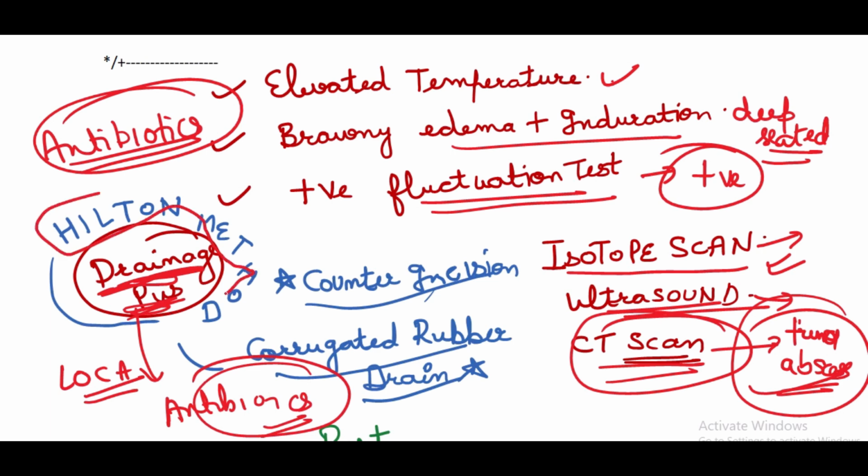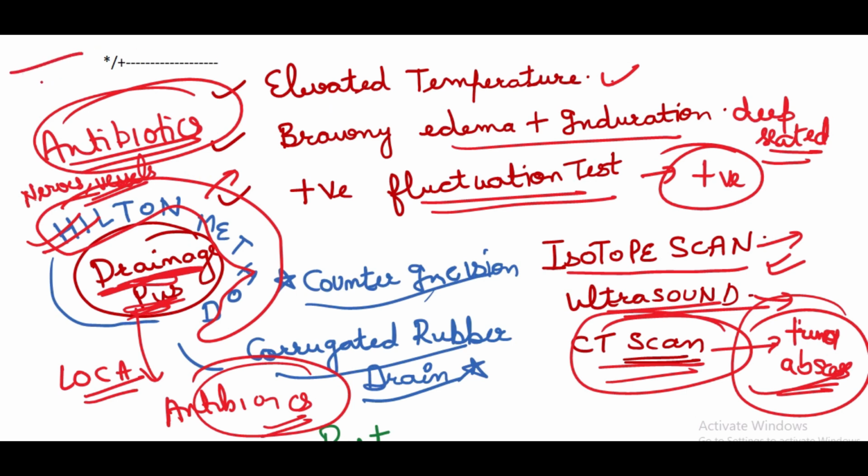So remember, the most important method is the Hilton method that is performed for the drainage of the pus. So remember, for entrance exam, when is the Hilton method used? When the abscess cavity lies close to the important nerves or the vessels.